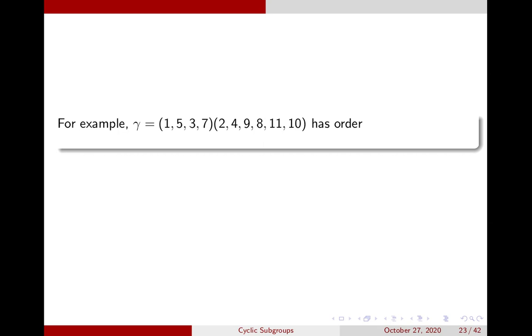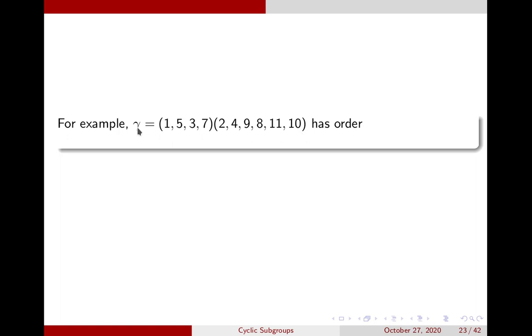Okay, so why don't we try this example. Here is a permutation gamma written as a product of disjoint cycles. So what is the order of gamma? This first cycle has length 4. The second cycle has length 6.